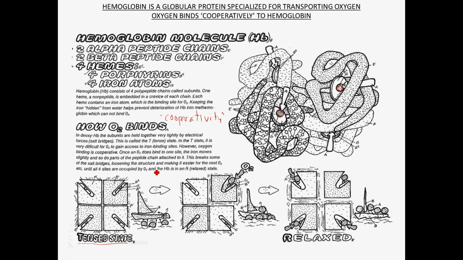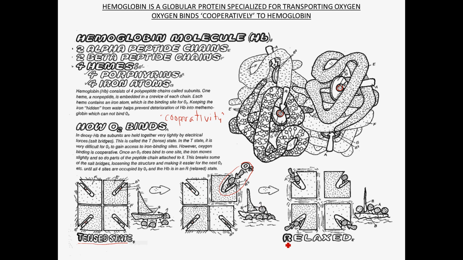But once one oxygen gets bound, here we see the oxygen binding to this heme group, to the iron atom, the globular protein part changes its conformation, changes its shape just slightly, and makes it easier for the second, the third, and the fourth oxygens to bind.